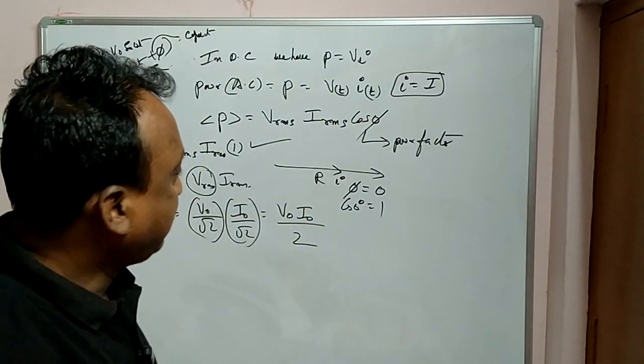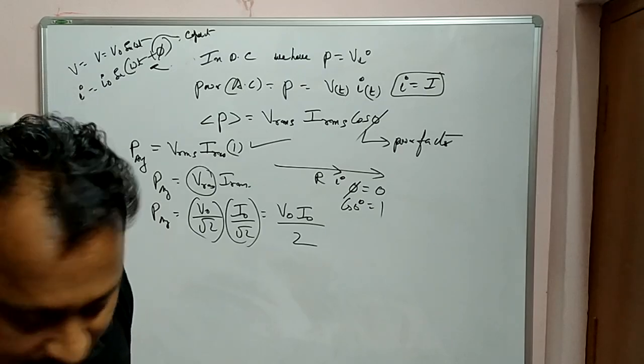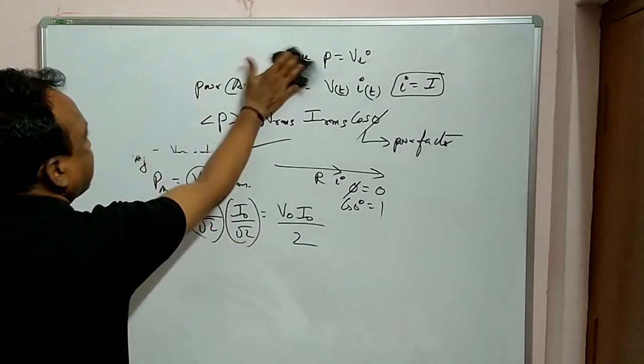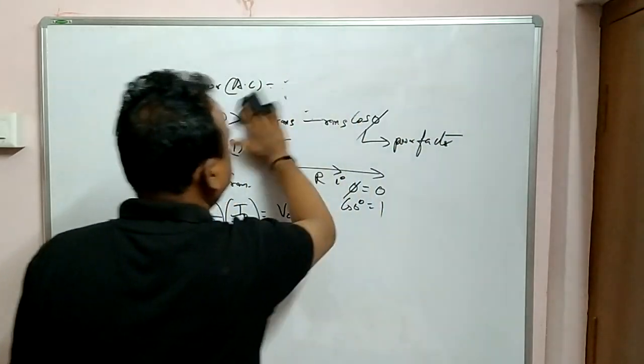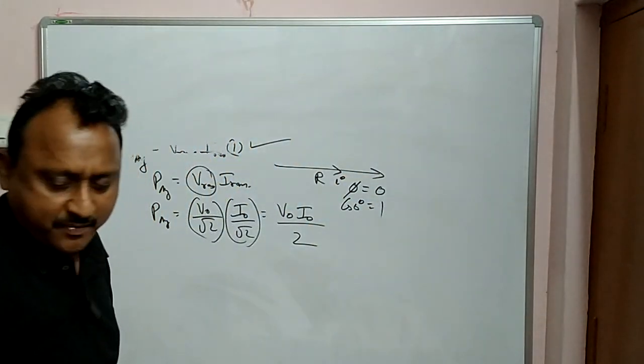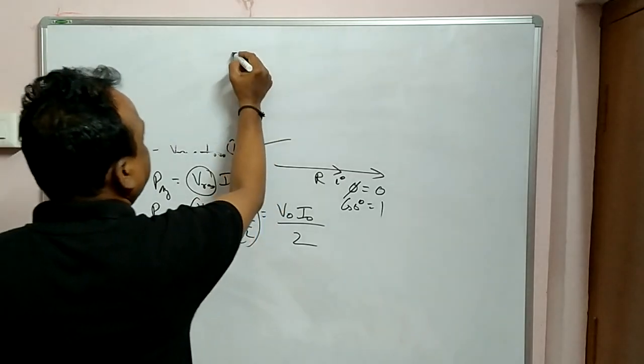So this is the power value. Now if you observe for the next case, suppose inductor is there and capacitor is there, we already discussed inductor. In the case of inductor the current is lagging by pi by 2, or leading by pi by 2 for capacitor. That means what was the equation?